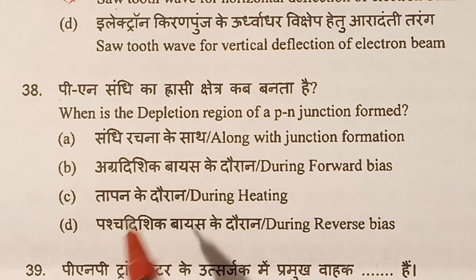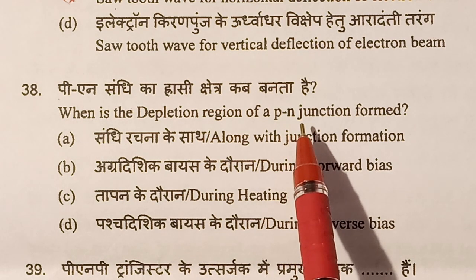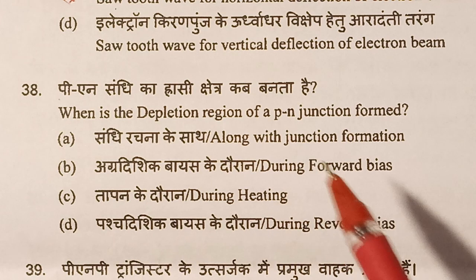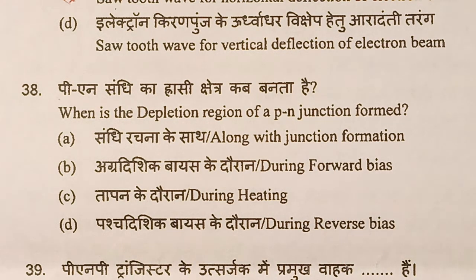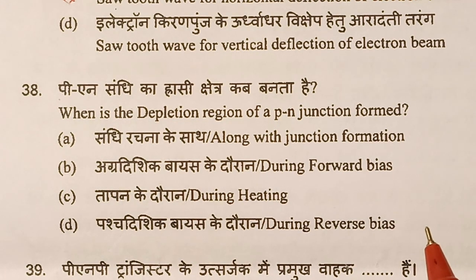Question number 38. When is the depletion region of a PN junction formed? Depletion region means there won't be any conduction between the two regions. So it happens only when the PN junction is reverse biased.